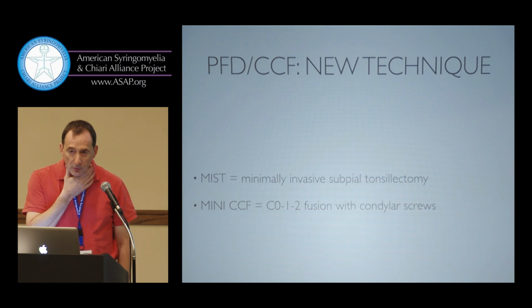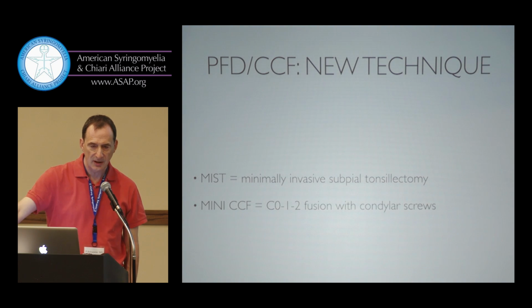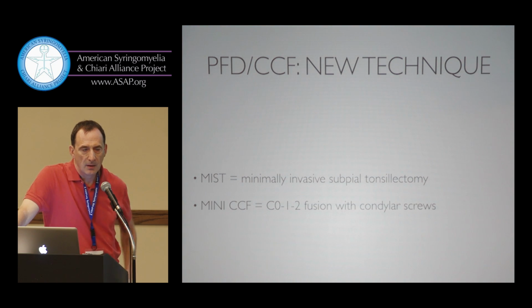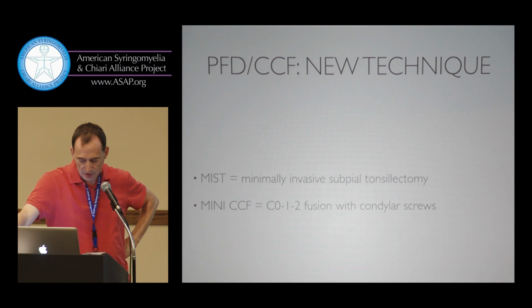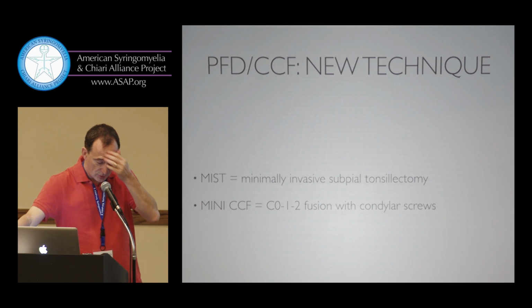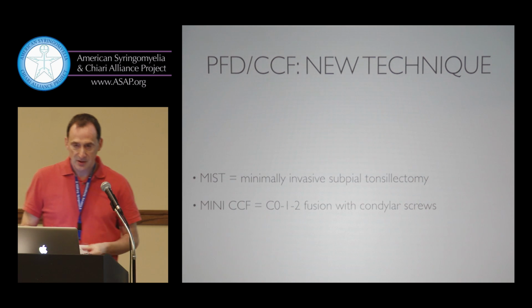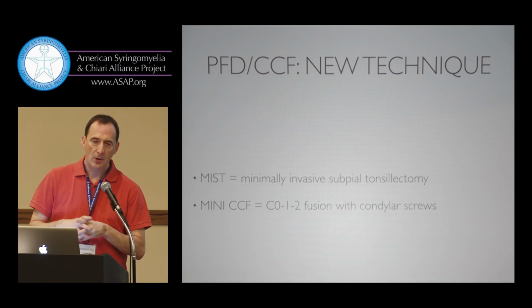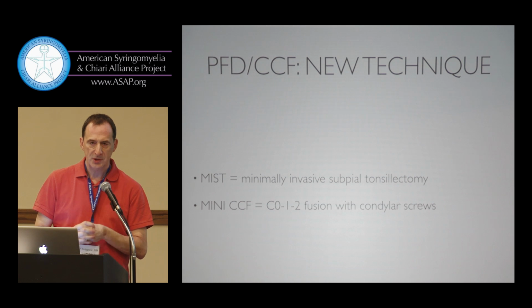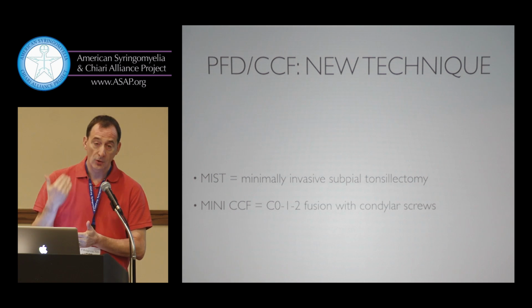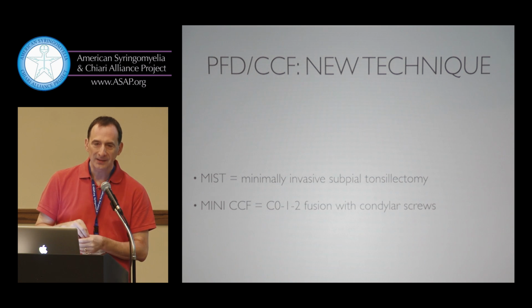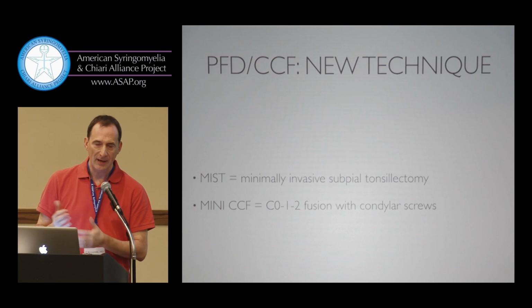So we came up with a different strategy, a new technique. Different decompression surgery for the Chiari, different fusion surgery. Not going to go into excruciating details, but the principle is to remove the smallest amount of bone possible for the Chiari part, but go very heavy on the tonsils. Practically go in through a small hole and cut the tonsils off, between half and two-thirds.